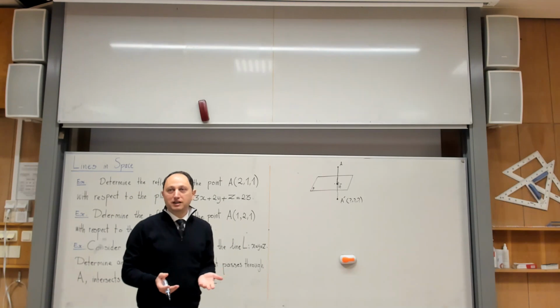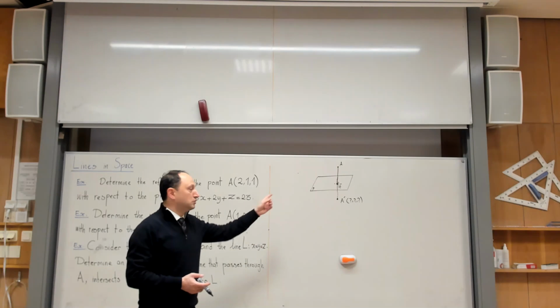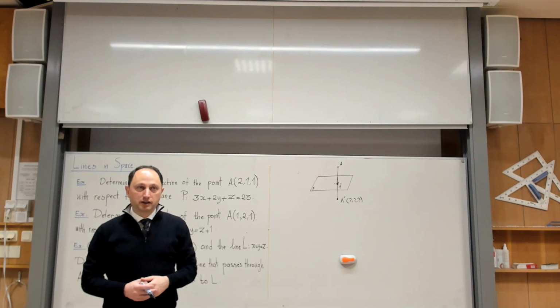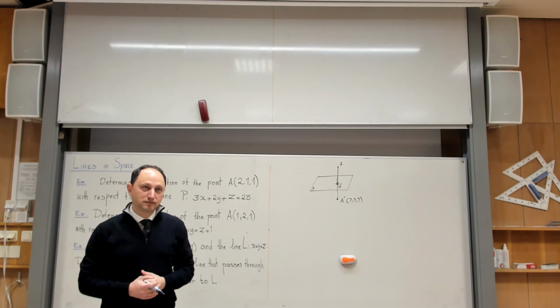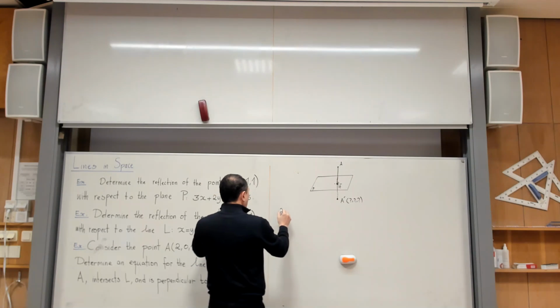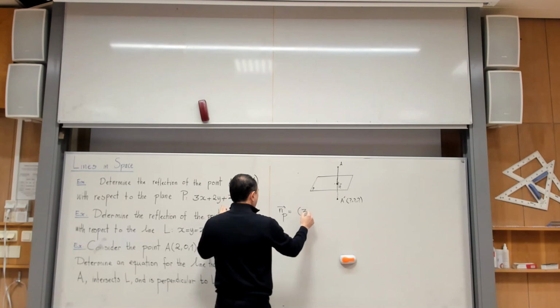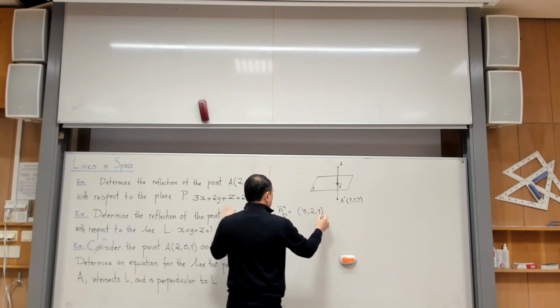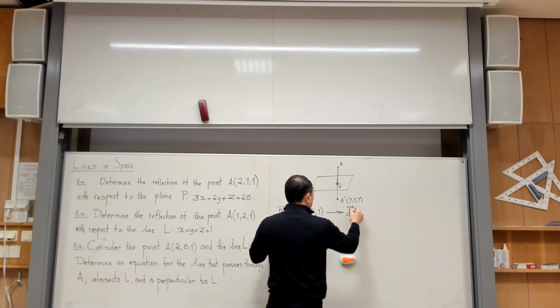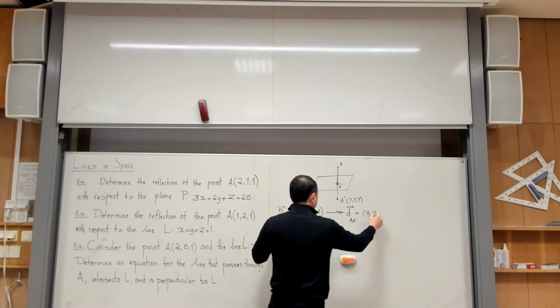But then immediately it becomes clear that the normal vector of the plane plays the role of the direction vector of your line. So that's it. Yes? So what you do, you say that the normal vector of the plane is equal to 3, 2, 1. This means that the direction vector of the line A prime, for example, is also the same thing.